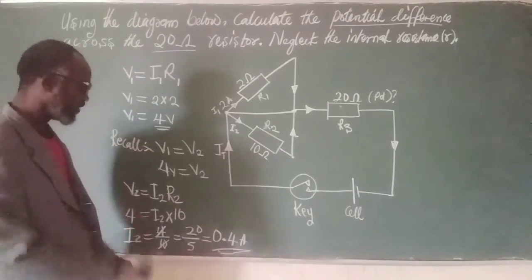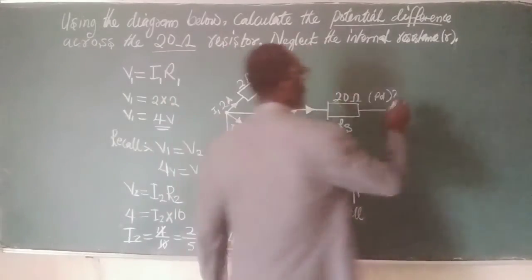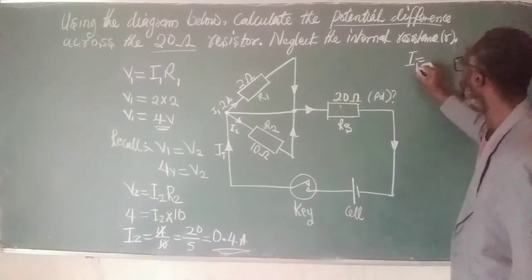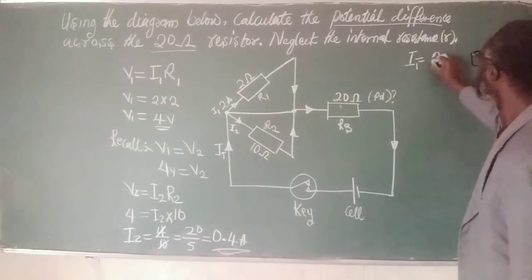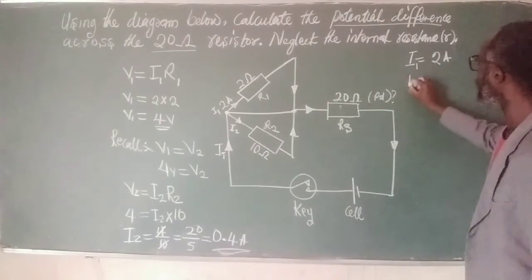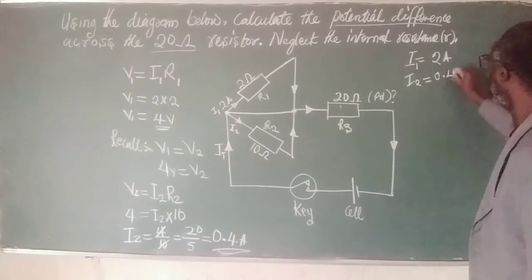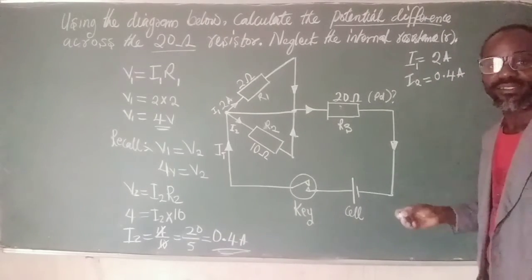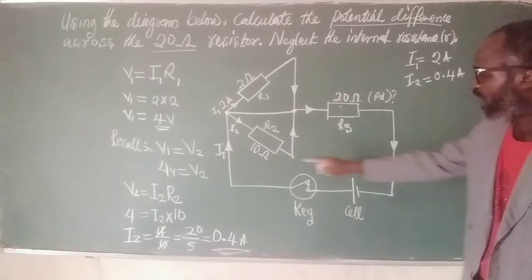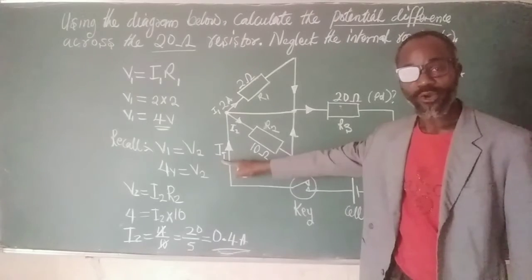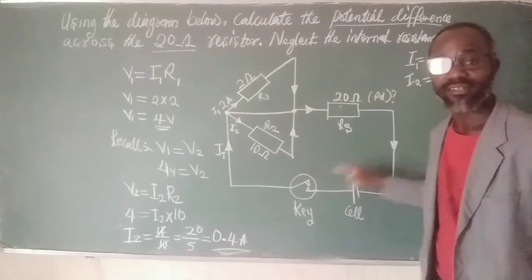Alright, so we have that. We now have I1 is given as 2 amps, and I2 is given as 0.4 amps. Very simple. Therefore, we can now find the total current flowing into the entire circuit.